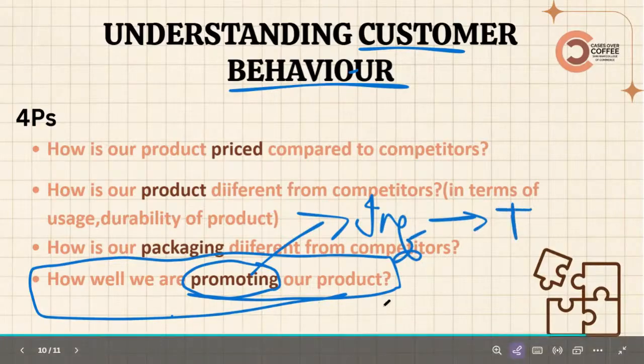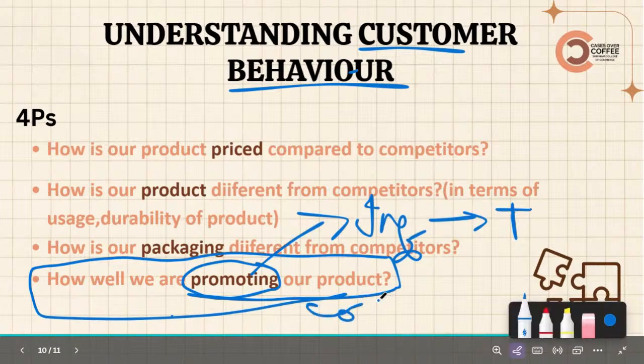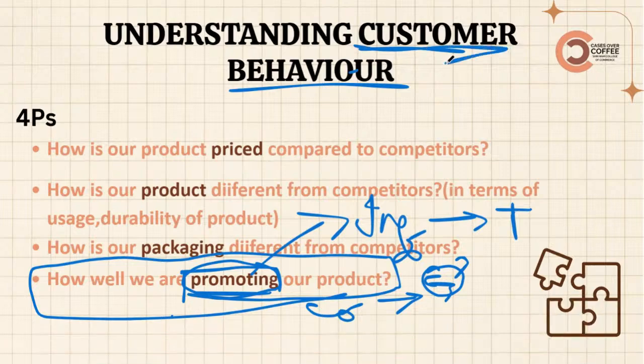But there is a competitor of ours, and they are using Google Ads, and from Google Ads they are able to generate great insights, and with less expenditure they are able to make more sales than our client. So we try to analyze how our competitor is promoting their product, or how the promotion of our product is affected. Depending upon our promotion strategy, the customer behavior is again affected.